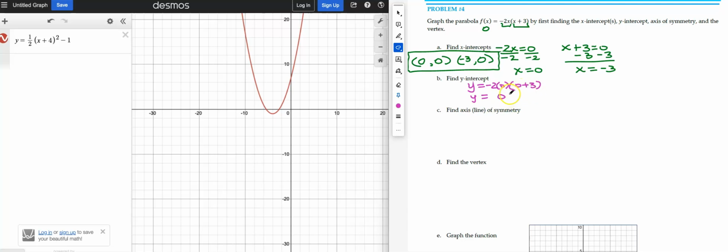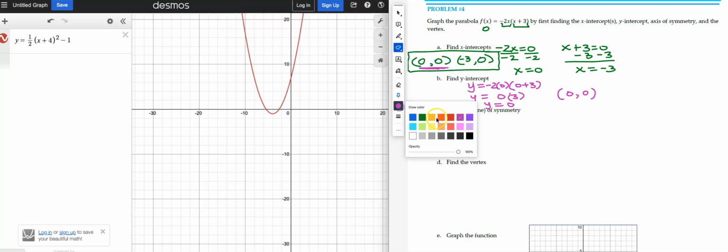And then 0 plus 3 is 3. 0 times 3 is just going to give me 0. So do you see we already found it up here? This is an x-intercept, and it's also the y-intercept. So if you have the point 0, 0 on your graph, it acts as both the x-intercept and the y-intercept.